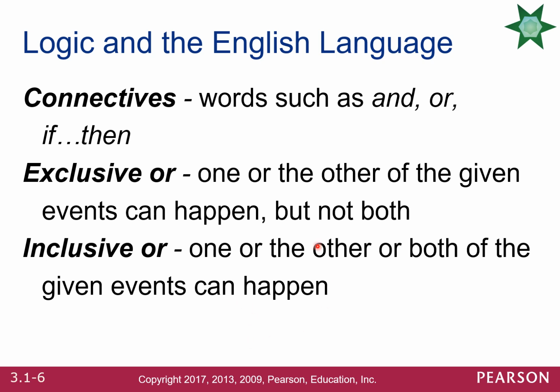You can wear a red sweater and drive a car. Correct? So in inclusive or, you can either drive a car or you can wear a red sweater, or you can wear a red sweater as well as drive a car at the same time. So that is an example of what's called inclusive or.